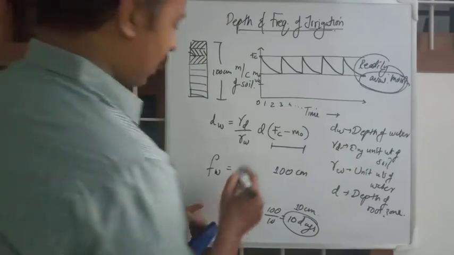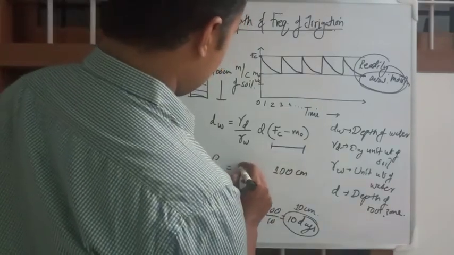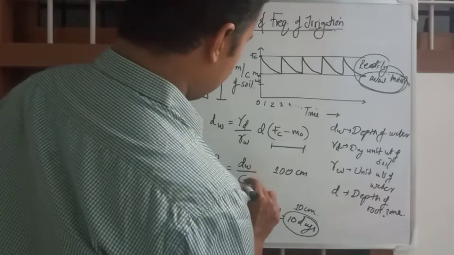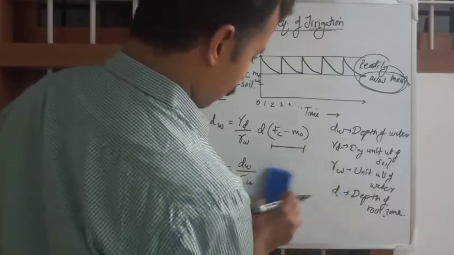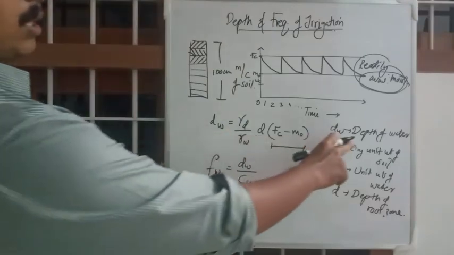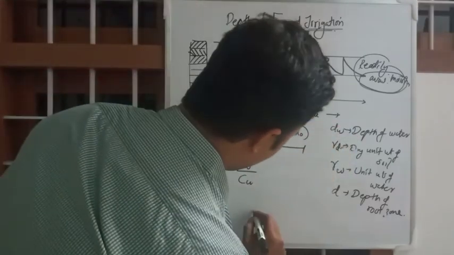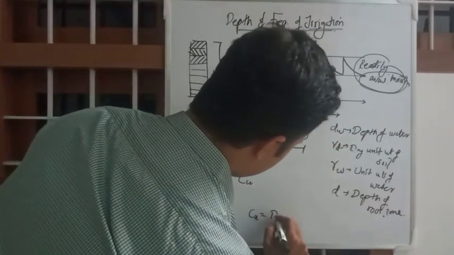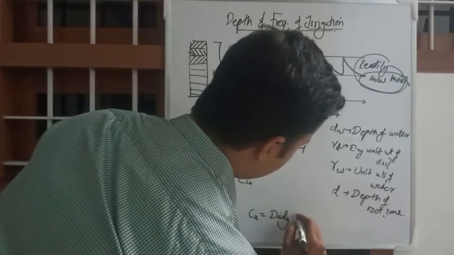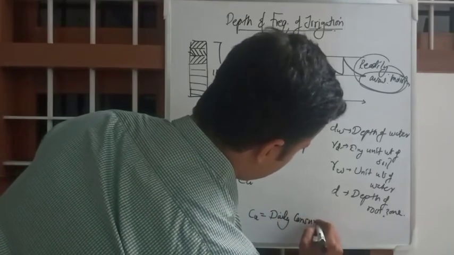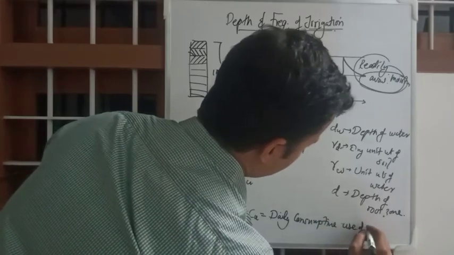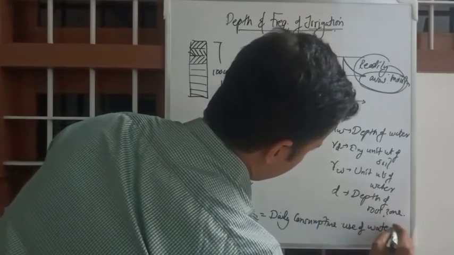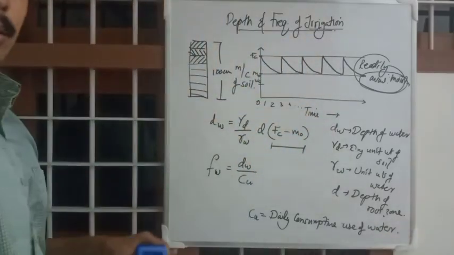The equation to remember is FW equals dW by Cu, where dW is depth of water and Cu is the daily consumptive use of water by the crop.